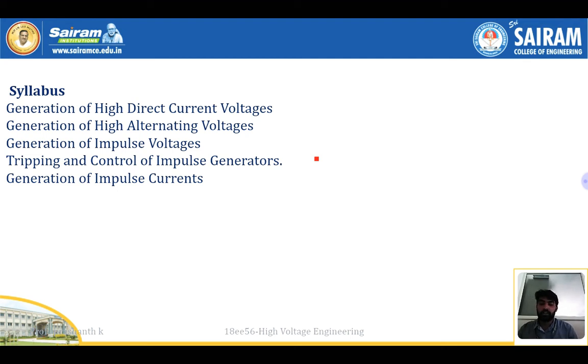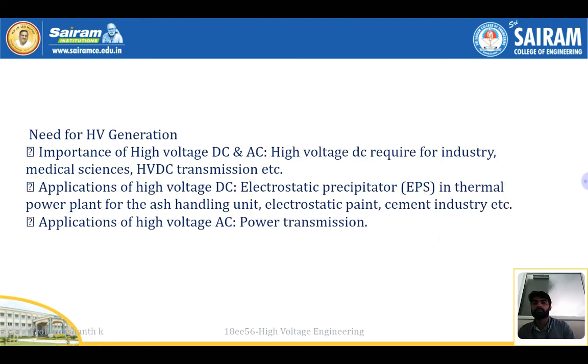And if it comes to generation of impulse voltages, we have different kinds of spark gap arrangement and spark gap series connection, like a number of spark gaps, 3, 4, 5 spark gaps and so on. Tripping and control of impulse generators we are also going to discuss now.